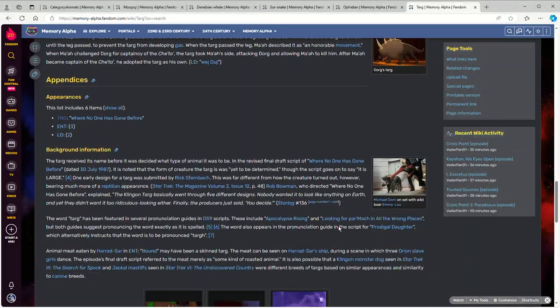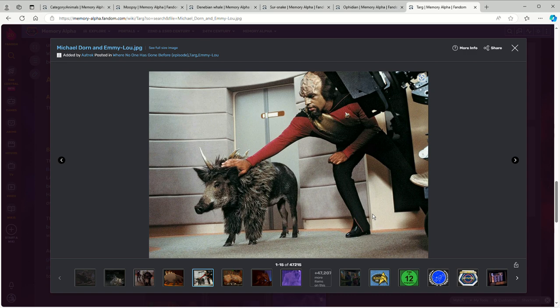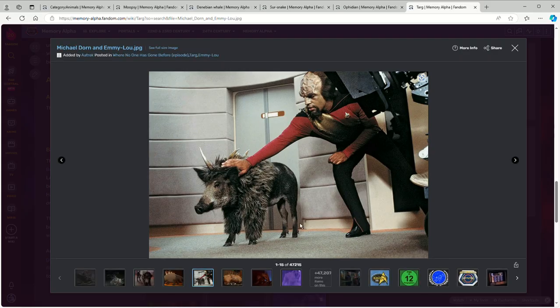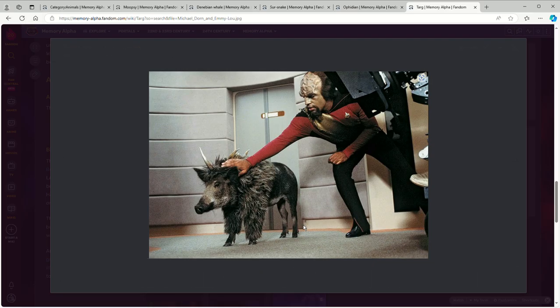But yeah, calling them Klingon pigs is a pretty good analogy. They're somewhat less safe to be around than Earth pigs, but hey, it's the Klingon homeworld. What were you expecting?